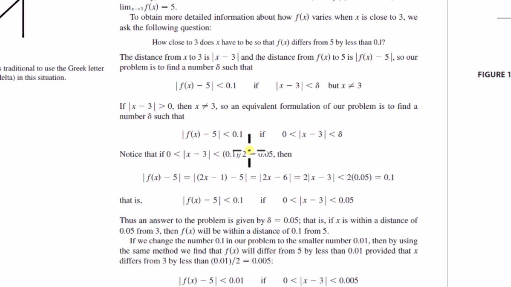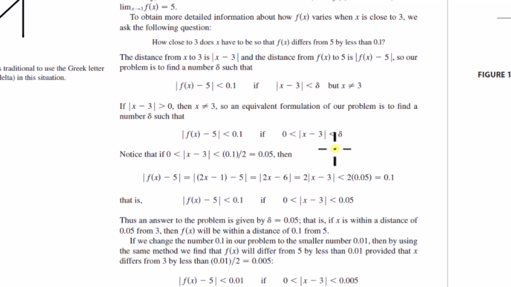Okay, so now we've restated our problem with these two inequalities here. The absolute value of f of x minus 5 is always less than 0.1 if you're restricting the x values that you're inputting into f of x based on this restriction, that this magnitude here, the absolute value of x minus 3, this positive number, is never equal to 0, and it's always less than delta.